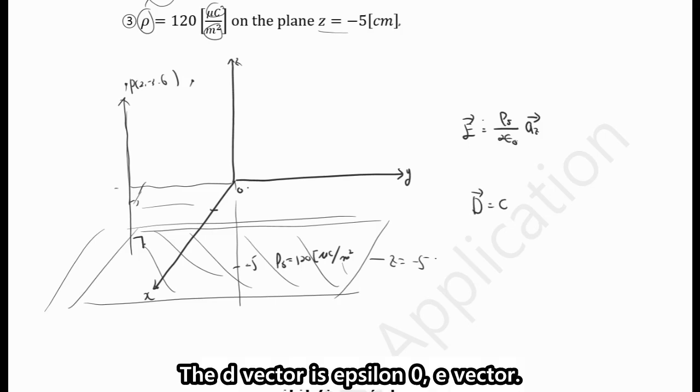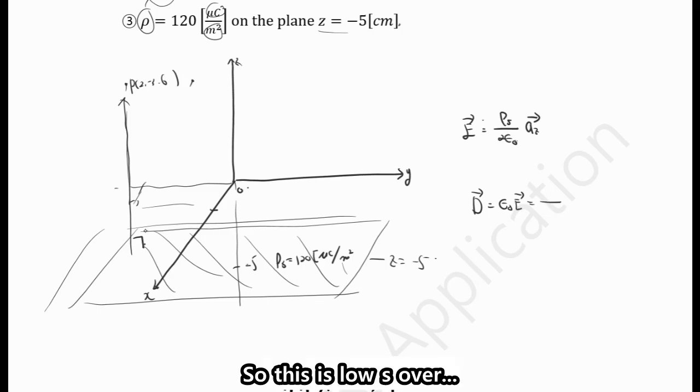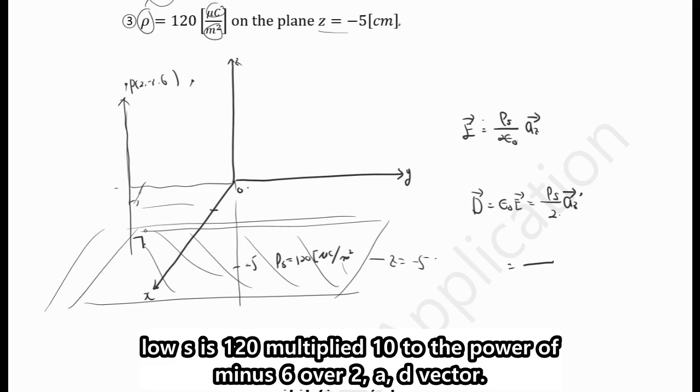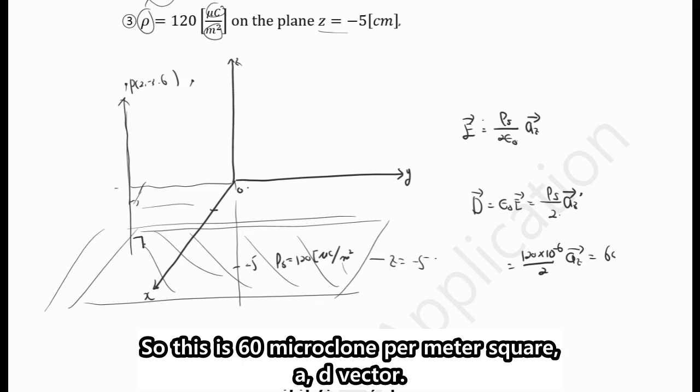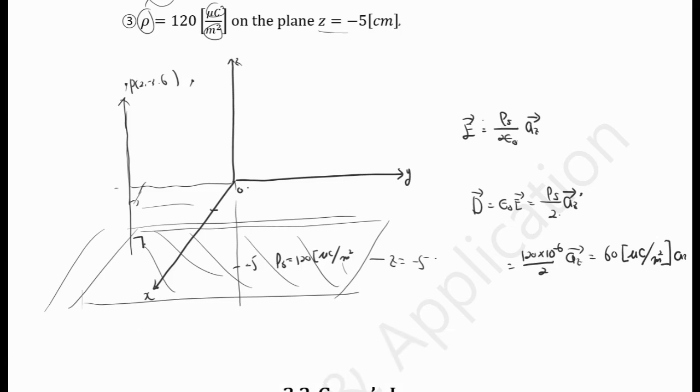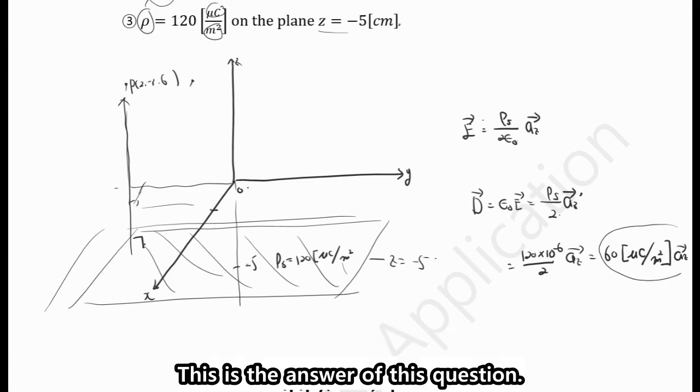D vector is epsilon 0 E vector, so this is rho s over 2 az vector. Rho s is 120 times 10 to the power minus 6 over 2 az, so this is 60 microcoulomb per meter squared az vector. This is the answer of this question.